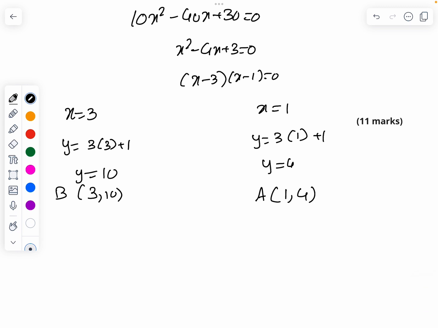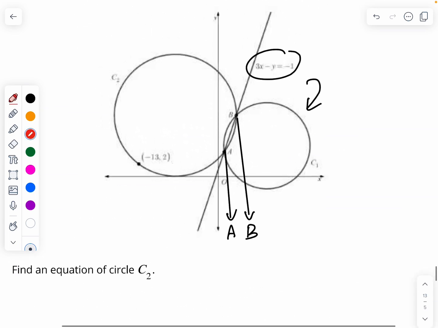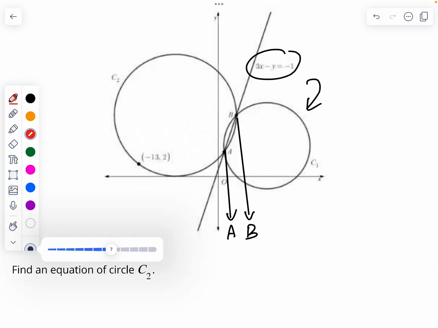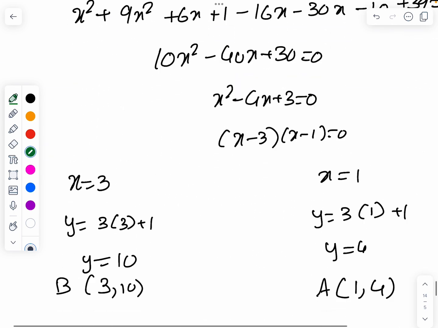Now, so AB, we can see that over here, this is AB. If I draw the perpendicular bisector of AB, it will pass through the center of C2. So I find the perpendicular bisector for AB.